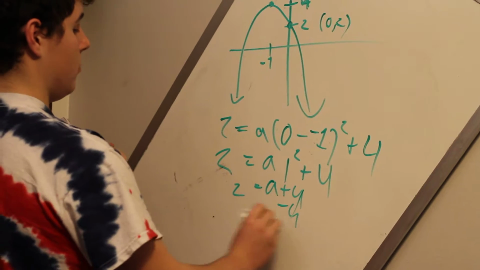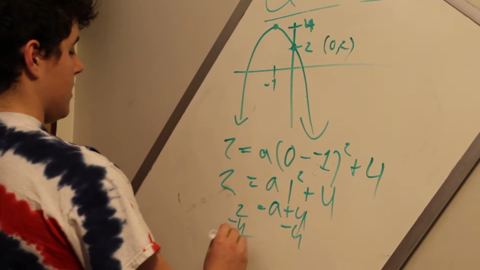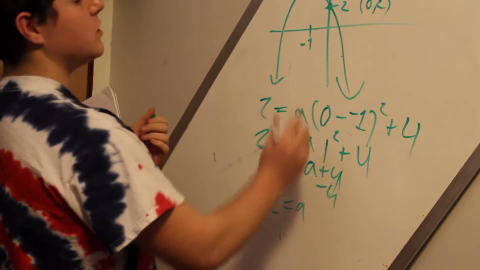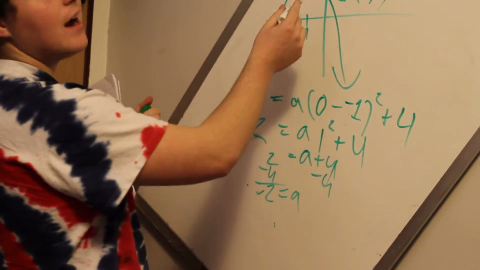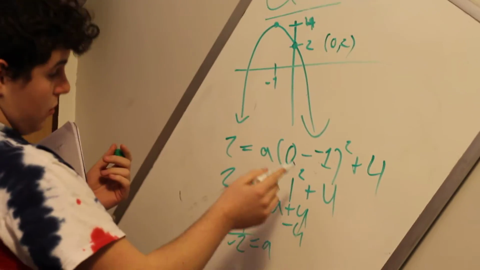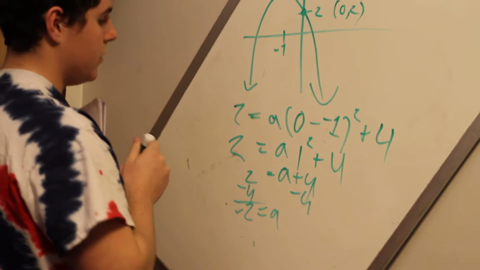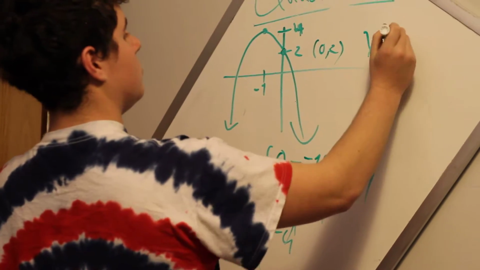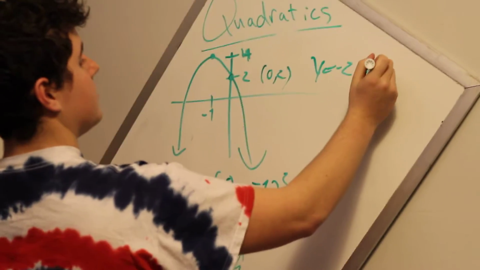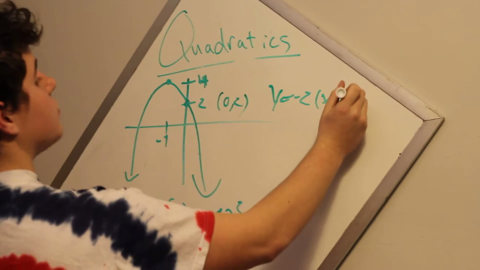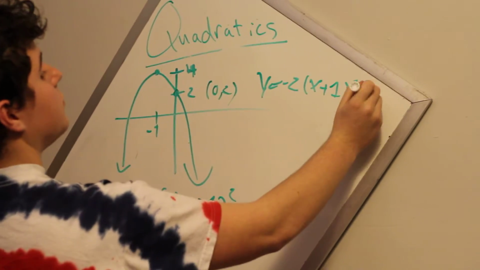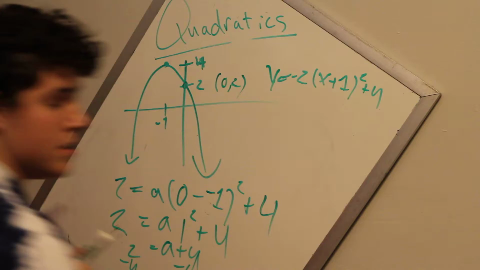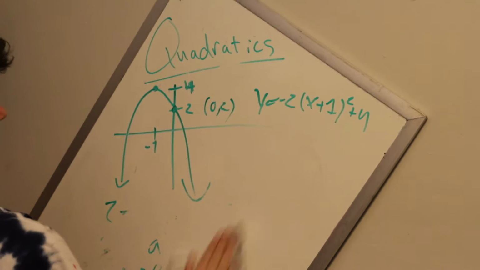We subtract 4 from each side, and we get -2 equals a. Now this makes sense because we see that it's a concave down parabola. So then we rewrite it as y equals -2 times (x minus -1) squared plus 4. And that would be our vertex form of that.